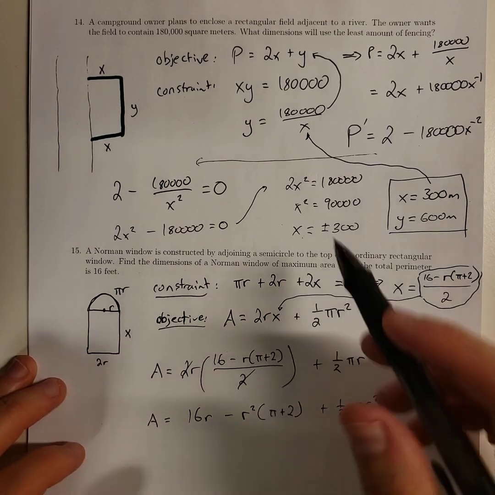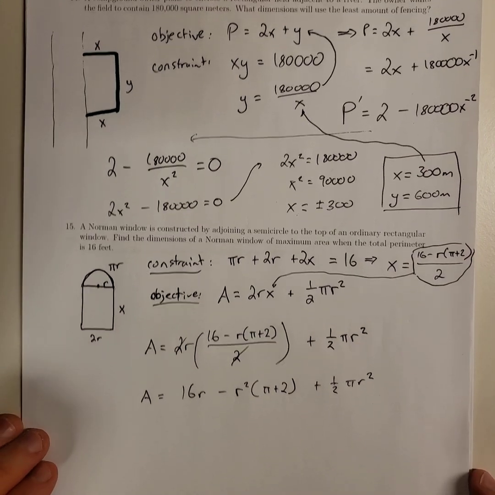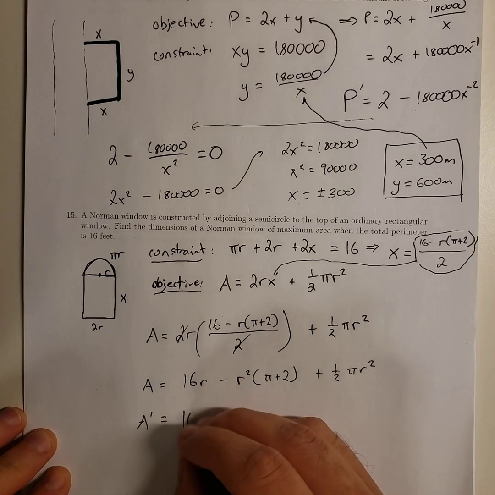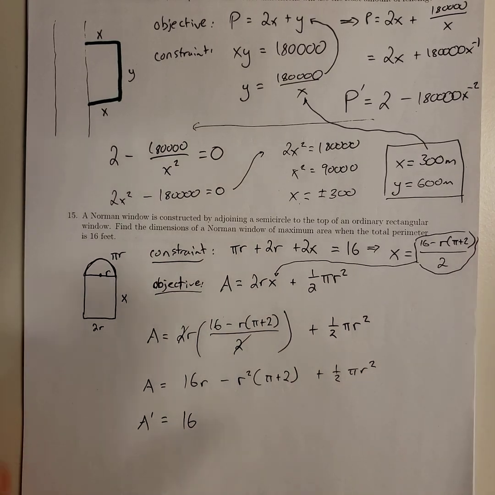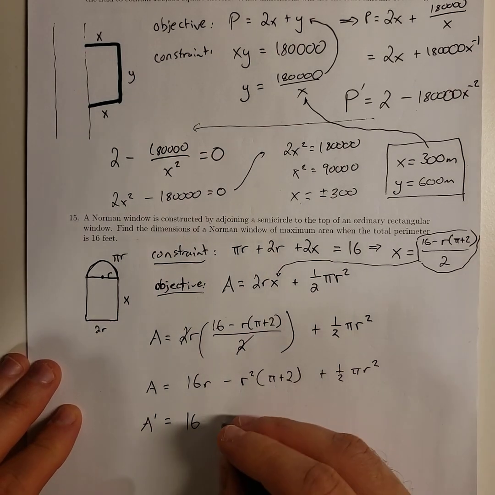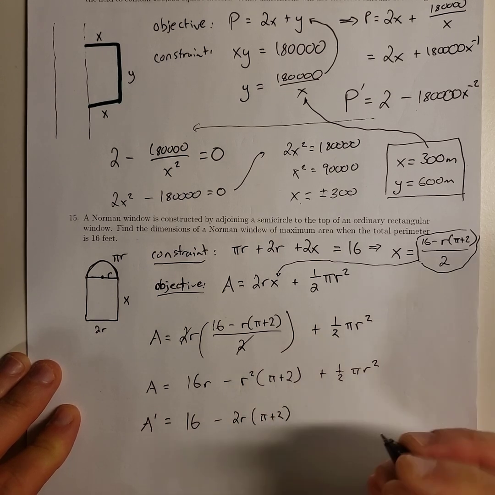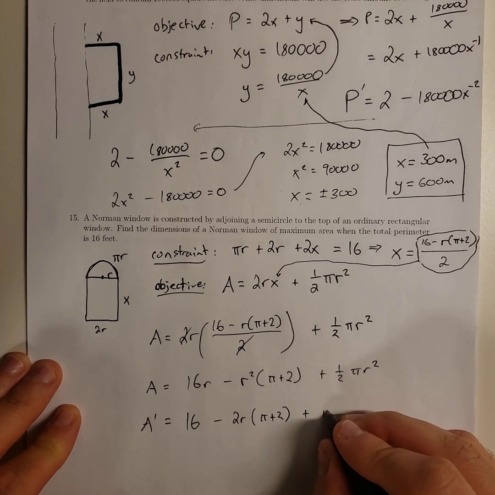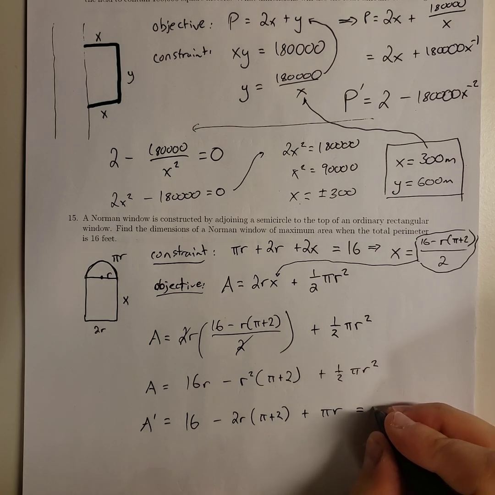We have a function not in terms of x, but in terms of r. But there's no x's involved, so we're okay taking the derivative. So A prime, our derivative, is just 16. And here you just have r squared times constants. The pi is just a constant here. So in both cases, you just get 2r. And here the 2 cancels the 1/2, so I just get pi times r. And this is what I want to know when it's equal to 0.